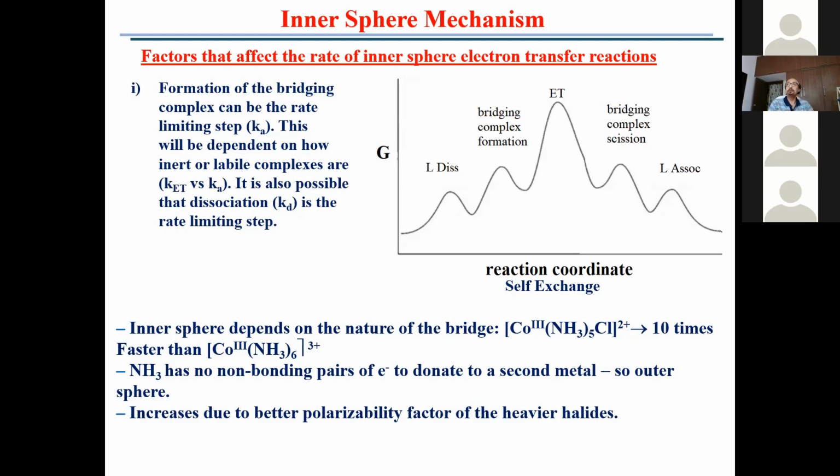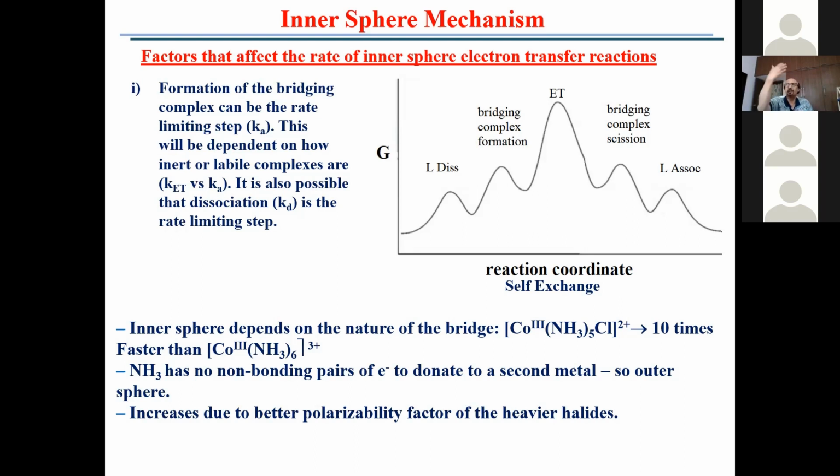There are many anionic ligands, and all can form the bridge, but all are not the best. Now, which one would be considered better based on the extent of polarizability? That means if you increase the size of the bridge, then polarizability increases.